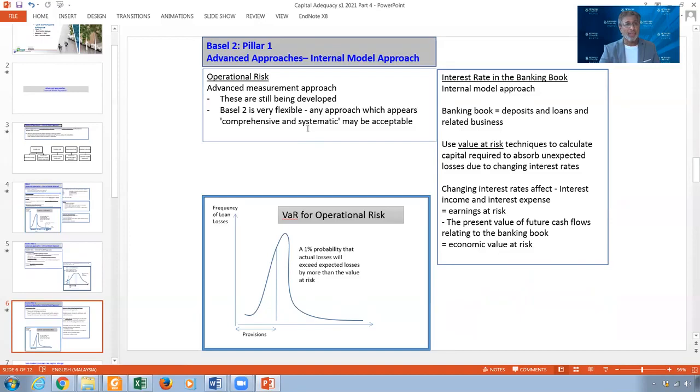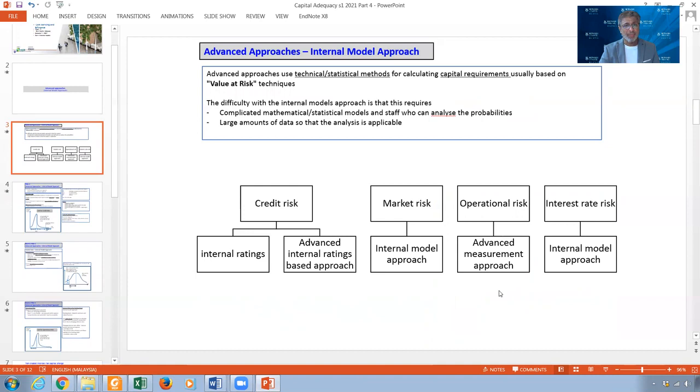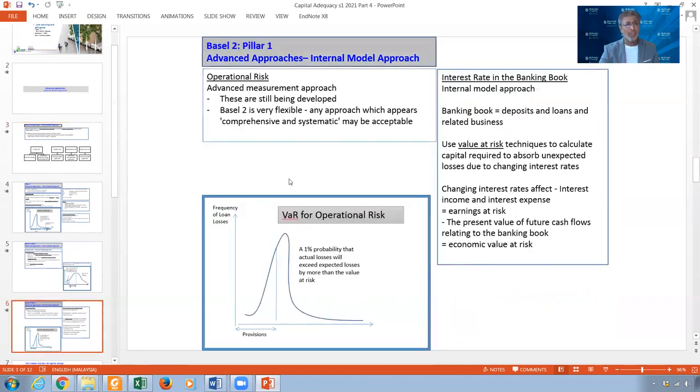You have to calculate the operational risk, as you can see. You can use the advanced measurement approach, which means you have to calculate the VAR. You have provisions for any losses, and then you have to calculate this area of the VAR.